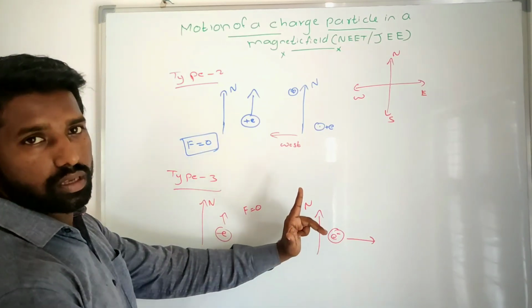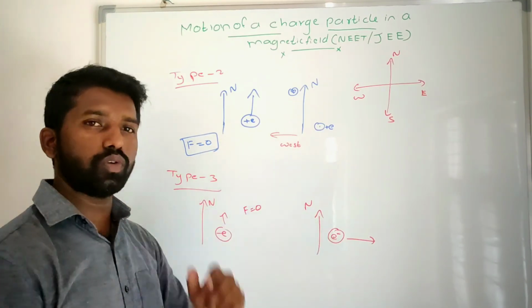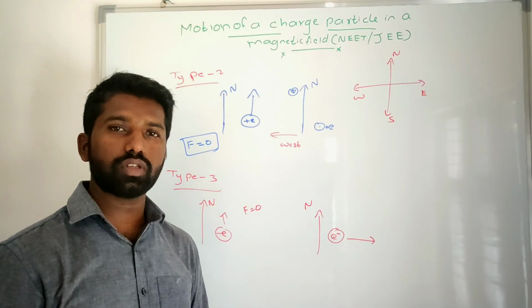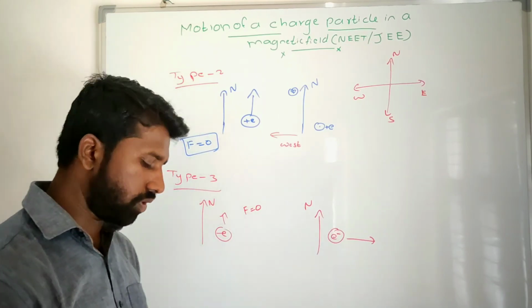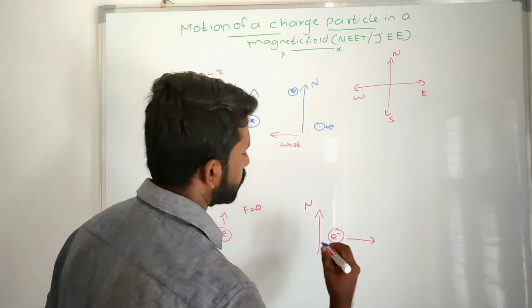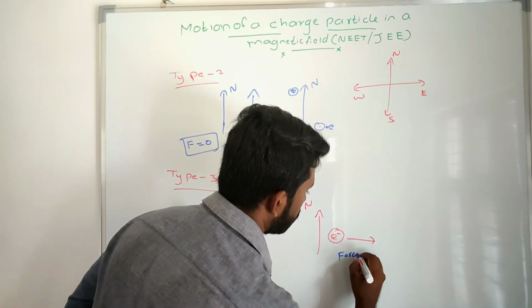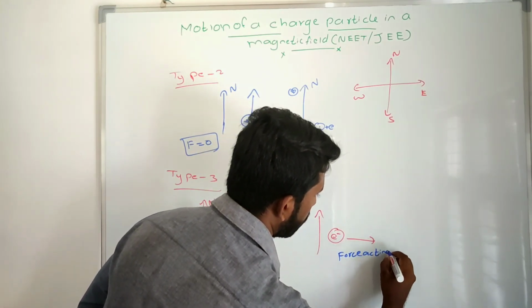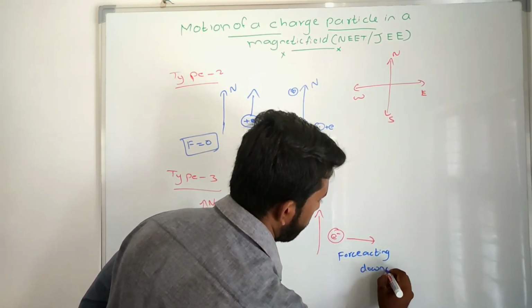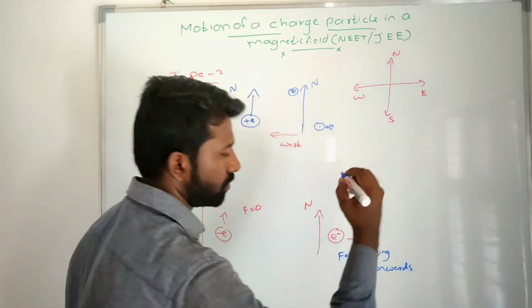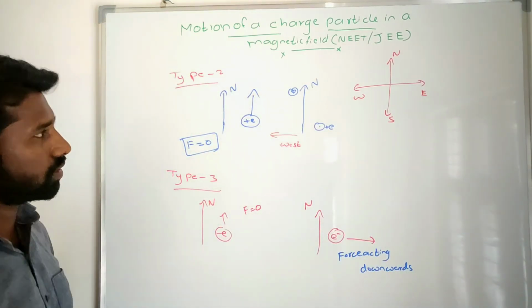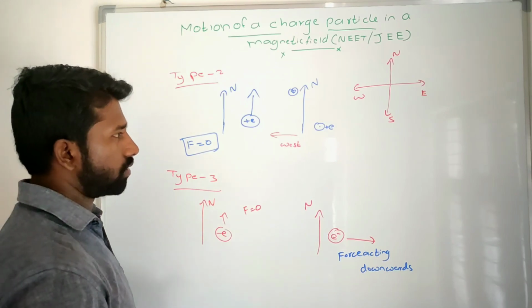I will get upwards if it is a positive charge, but it is a negative charge, so the direction is downward. So the force acts downwards. Okay, this is this type.